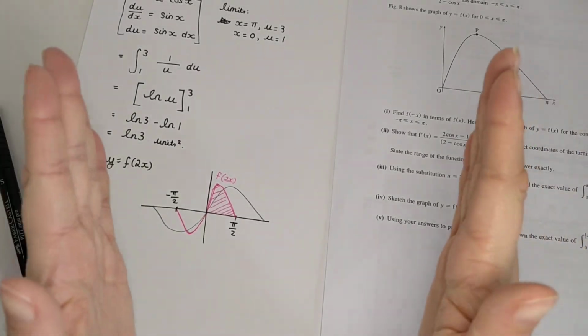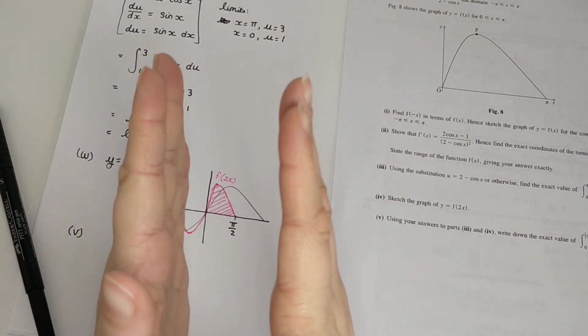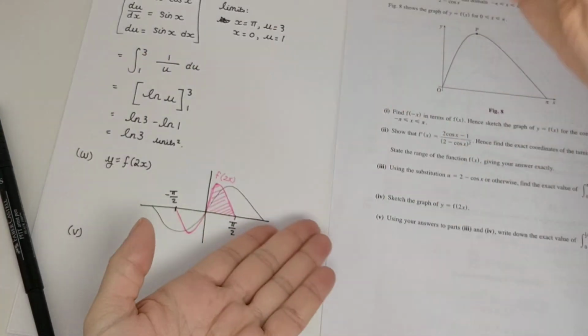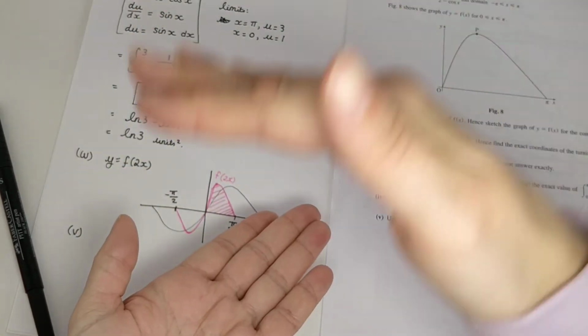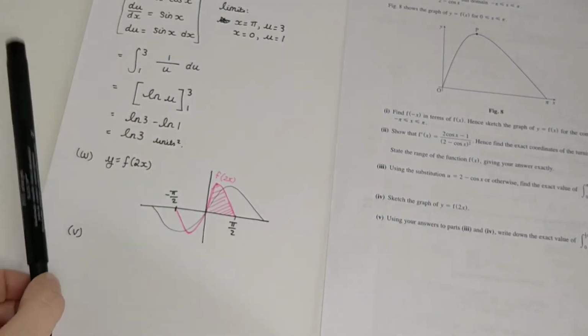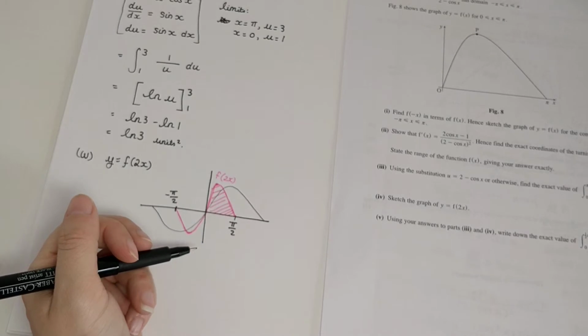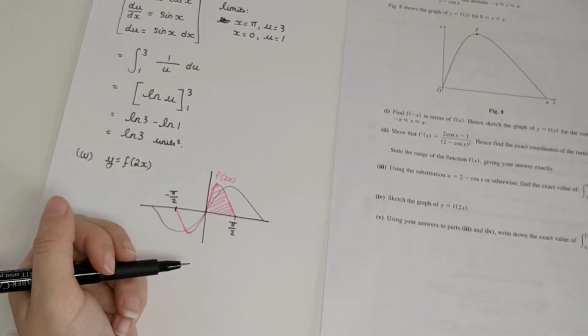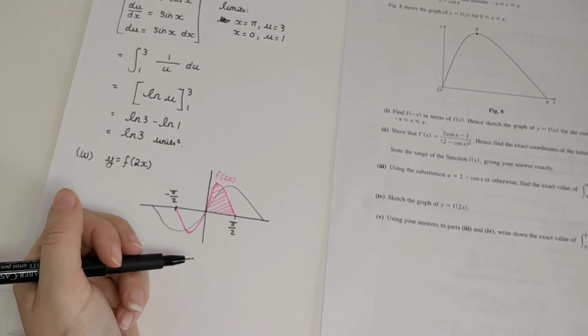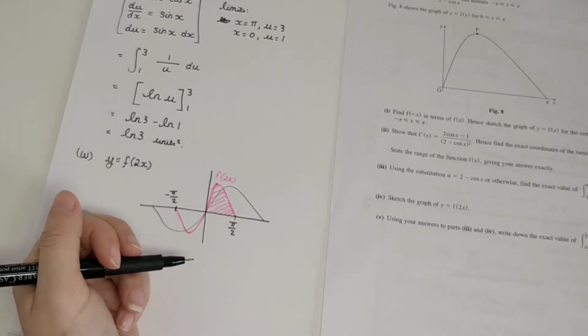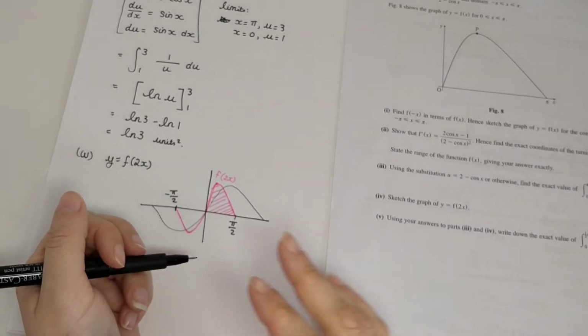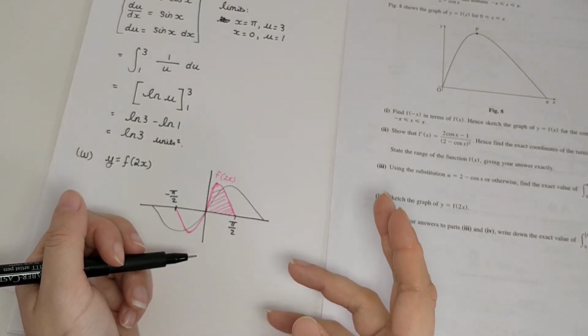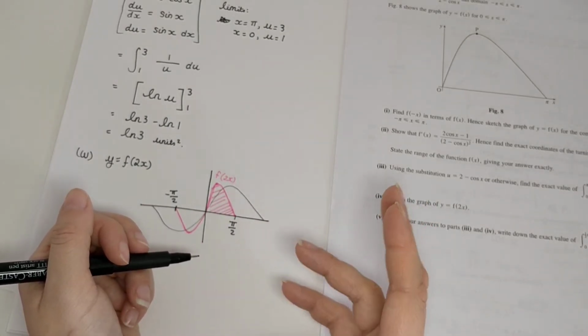Okay, let's think. It's been squashed this way by scale factor a half, but it hasn't been squashed this way. I feel like that means the area scale factor is still just going to be a half. It's not going to be a quarter. Normally, if you have a linear scale factor, the area scale factor is the linear one squared.